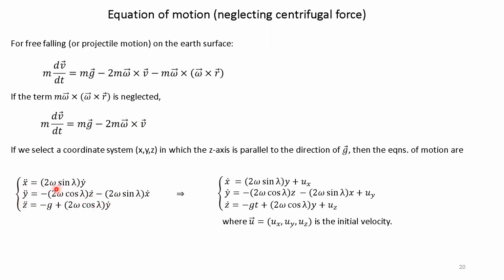So, the coupled equations. No approximations have been made yet. Now from here, if you integrate both sides once, then you get x dot equals something times y plus ux, where ux is the x component of the initial velocity.